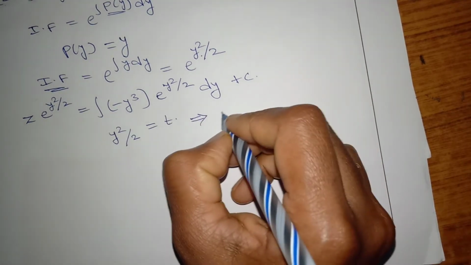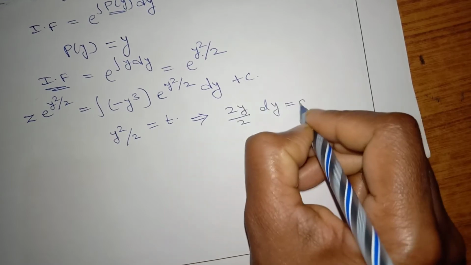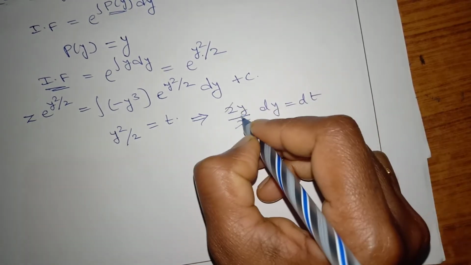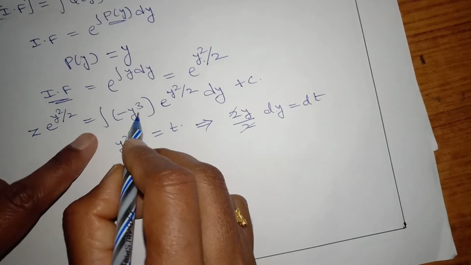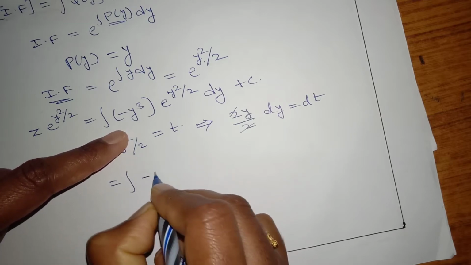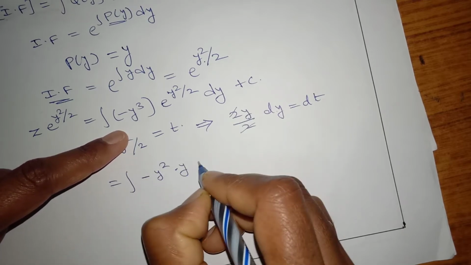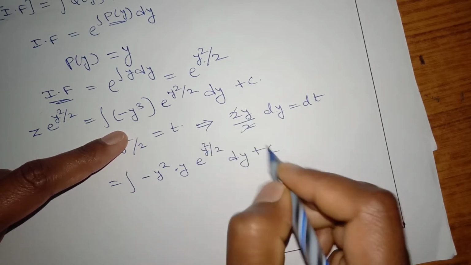Now differentiate this: 2y by 2 dy equals dt. Now y dy equals dt.